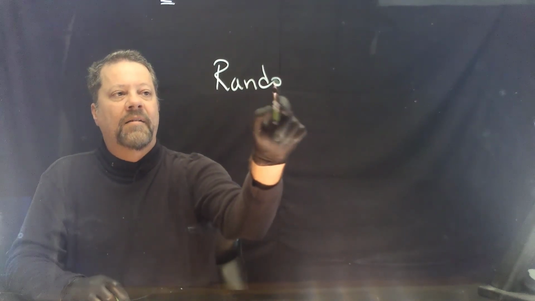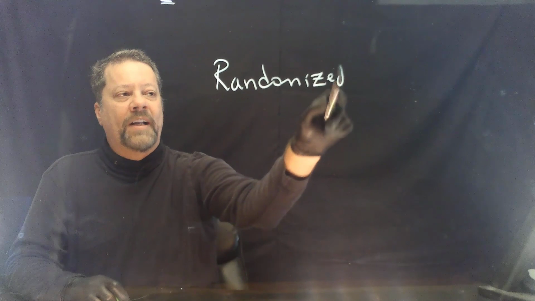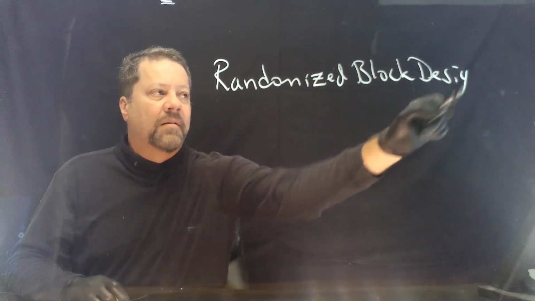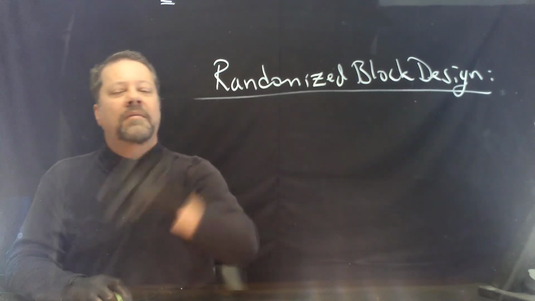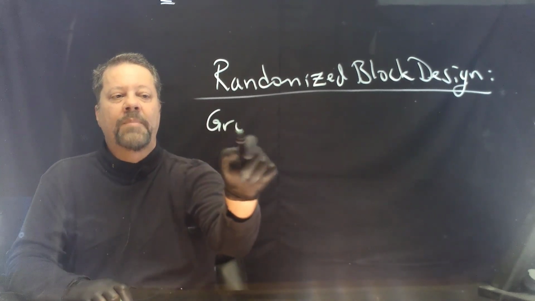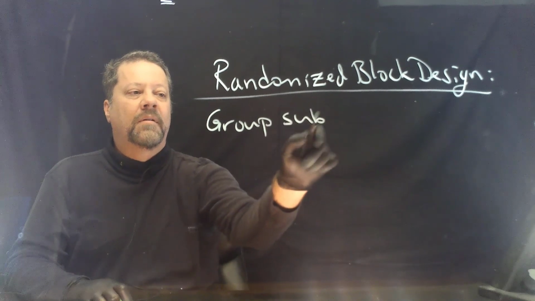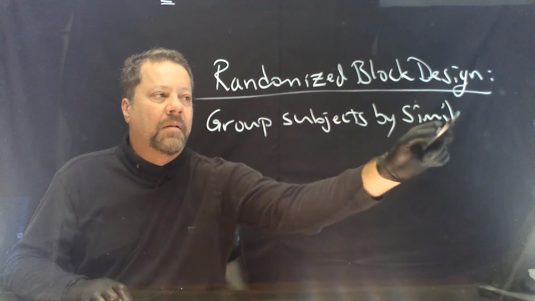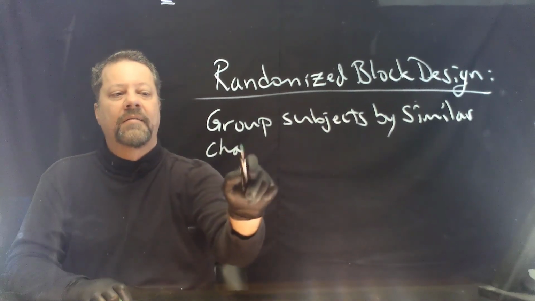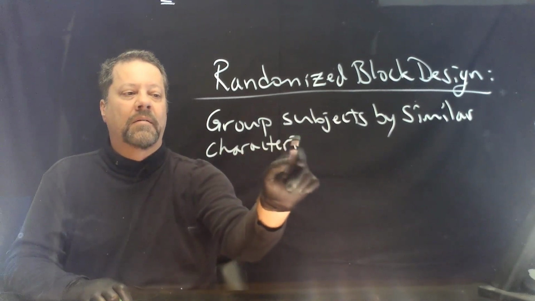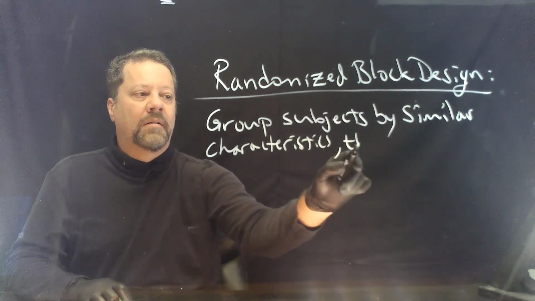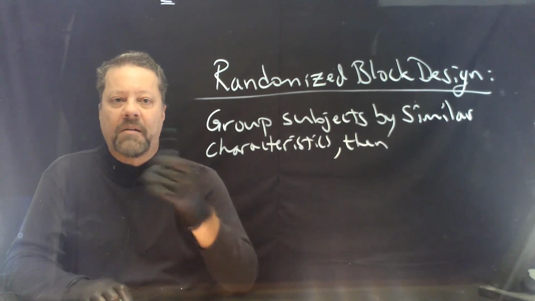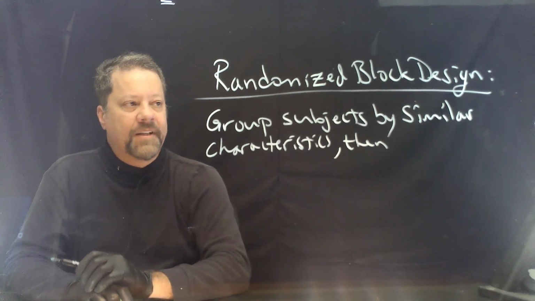In a randomized block design, group subjects by similar characteristics and then choose randomly subjects for the experimental or control groups from each of these subgroups.